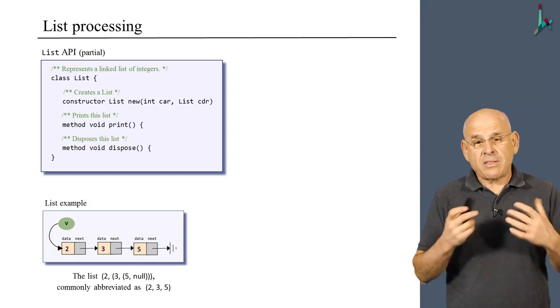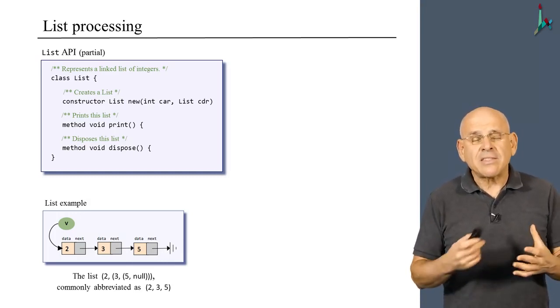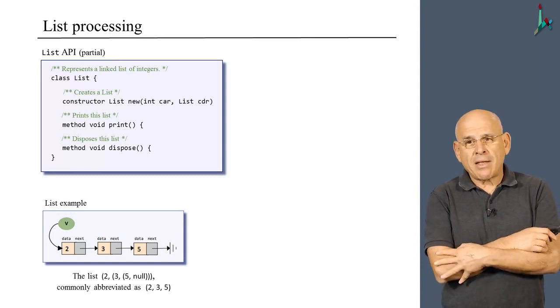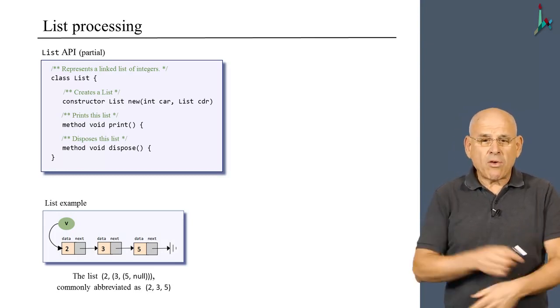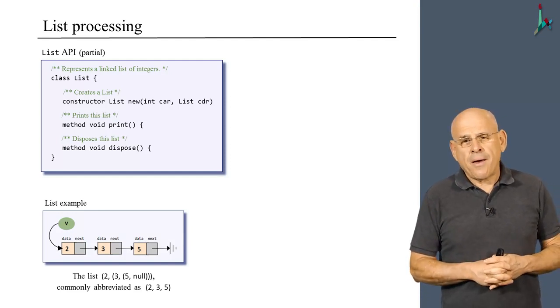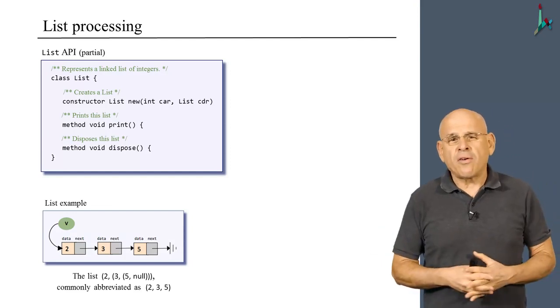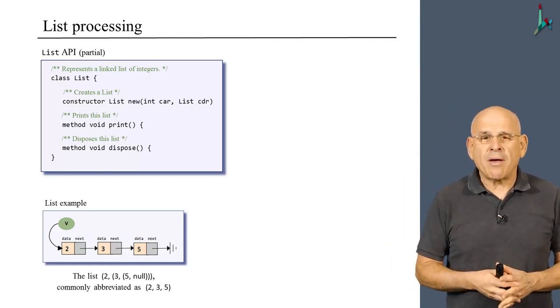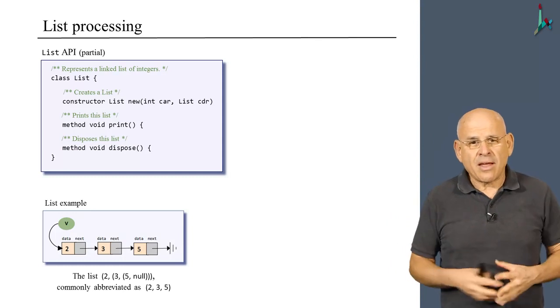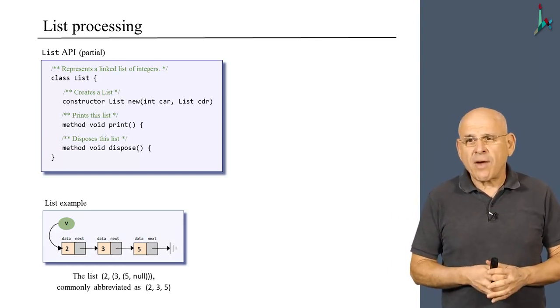And here is an abstraction, or an API, of a class designed to manipulate lists. So we see that we have a constructor for creating the list, and we use the terms car and cdr for historical reasons to describe the atom and the tail of the list, which is a list in its own right.